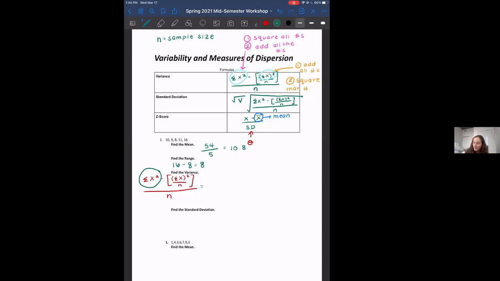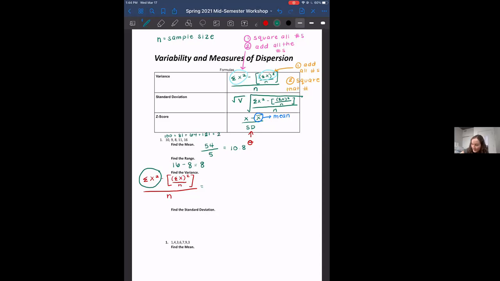So 10 squared would be 100. 9 squared would be 81. 8 squared is 64. 11 squared is 121. And I don't know what 16 squared is. Can someone tell me what 16 squared is? That's 256, thank you.